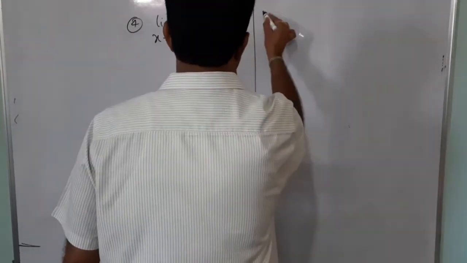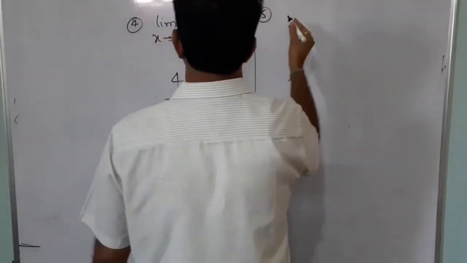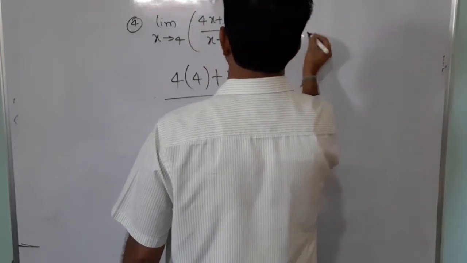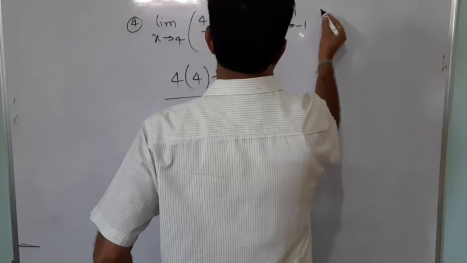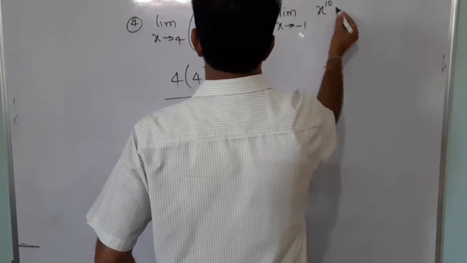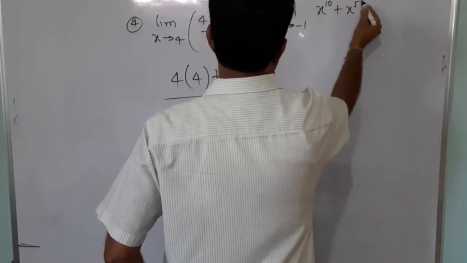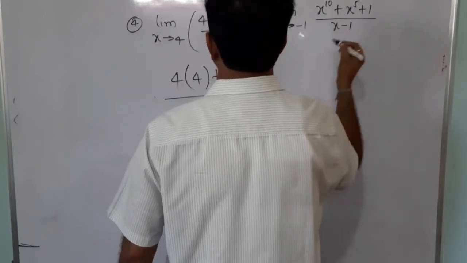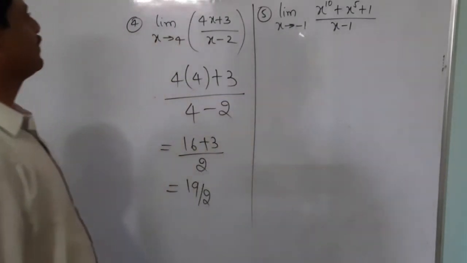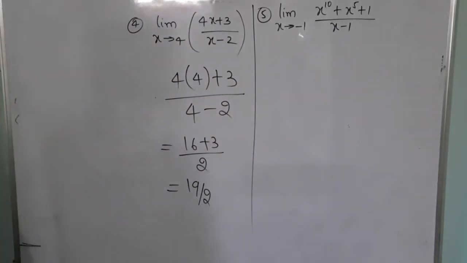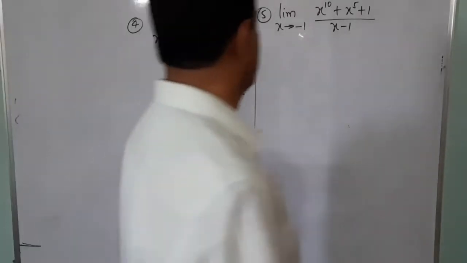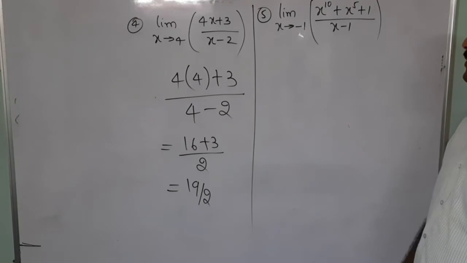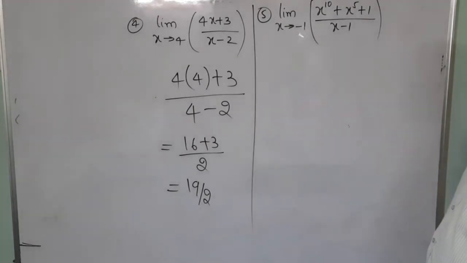Okay, next problem number 5. See your exercise 30.1. Problem number 5 is limit x tends to minus 1, x to the power of 10 plus x to the power of 5 plus 1 divided by x minus 1.